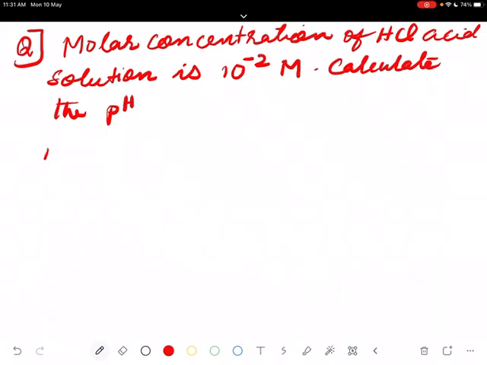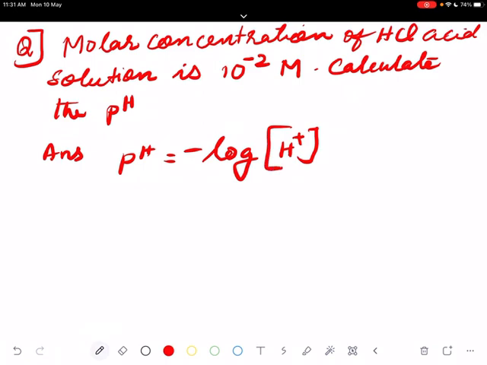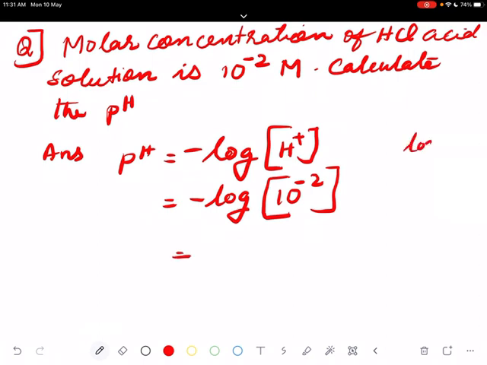Answer: pH is equal to negative logarithm of hydrogen ion concentration, that is negative logarithm of 10 to the power minus 2. Log a to the power n is equal to n log a.